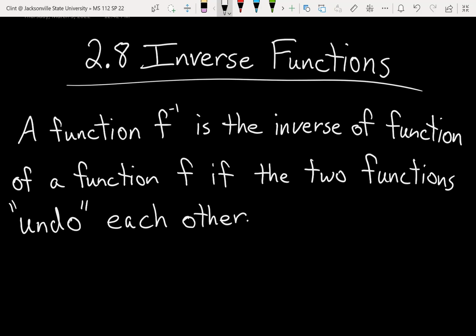So what we're saying is if we take some input and put it into function f, and if we take that answer and put it into f inverse, we get the input back that we started with. This is an idea that we use anytime we solve equations. We think about inverse operations.